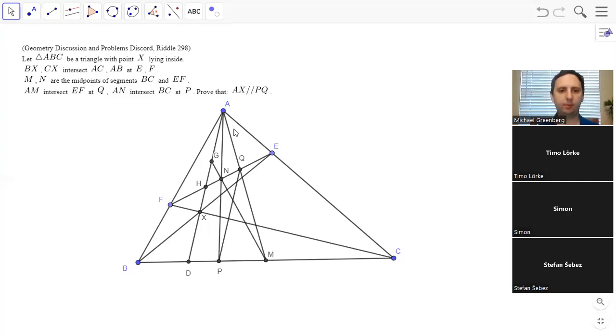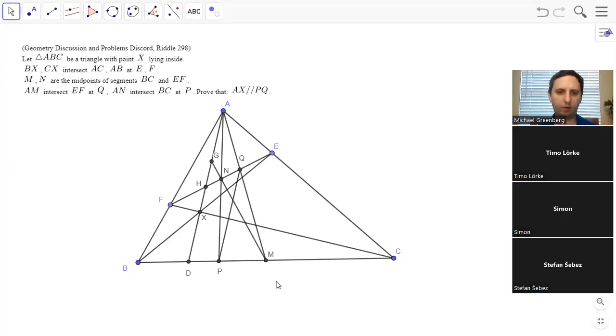Yeah, maybe I made it more confusing by adding all these points. I don't know. But so yeah, how would I find AQ over QM?